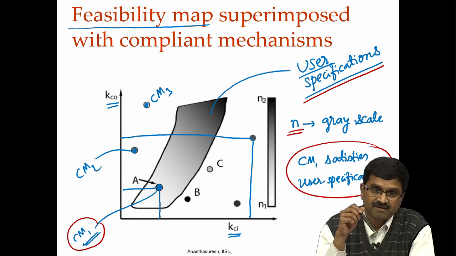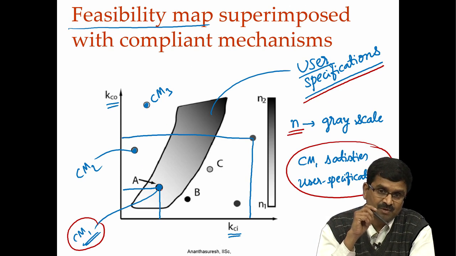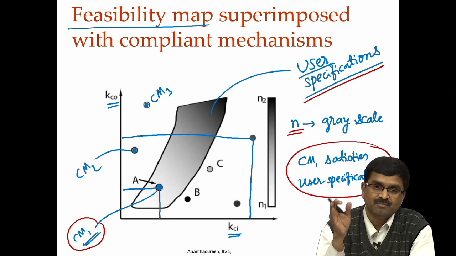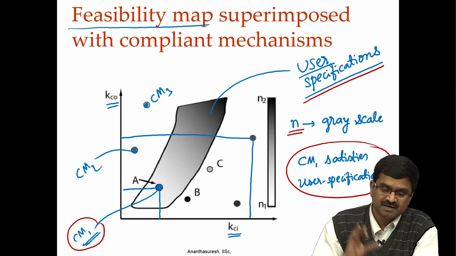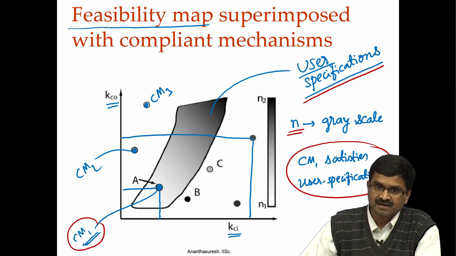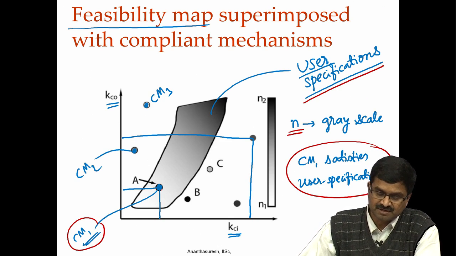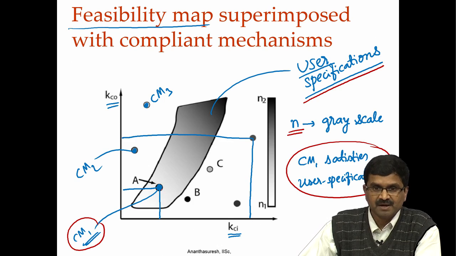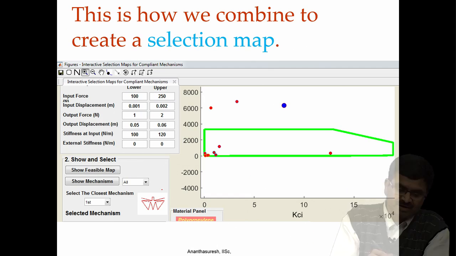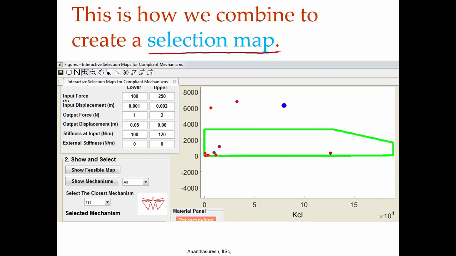Whichever lies inside, where not only KCI, KCO but also the N value matches, that is the one that is selected, and one can move on with that. That is the principle where we are superimposing two concepts, Ashby's map concept as well as the feasibility map and SL model concept.